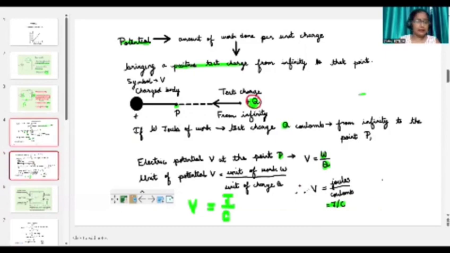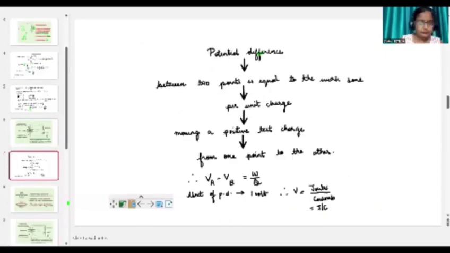Okay. Then next, let us move to potential difference. Now, potential and potential difference are not the same, okay? Whenever the word potential difference comes, you must always keep one thing in mind. It is the work done in moving a per unit charge, okay?